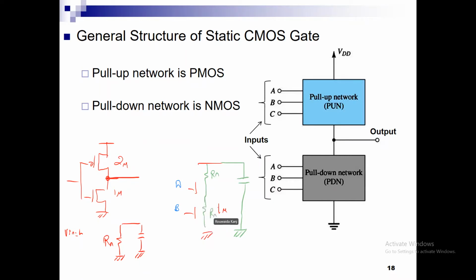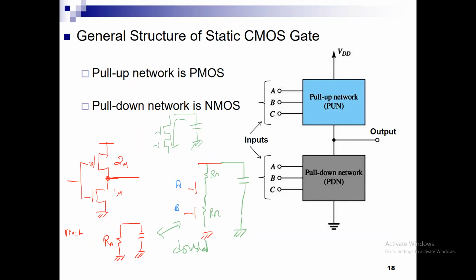Great. How much is the resistance that is discharging the capacitance? It doubled, right? So if I have a stack, then more resistance will be seen on the way to discharge to ground.